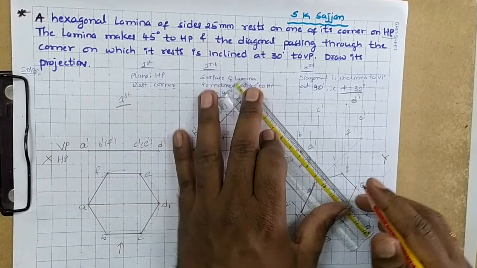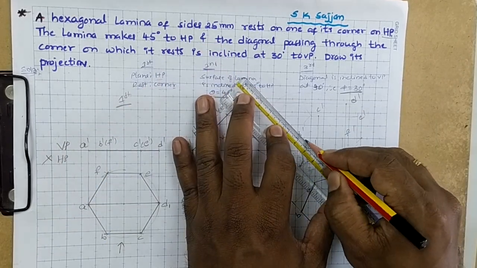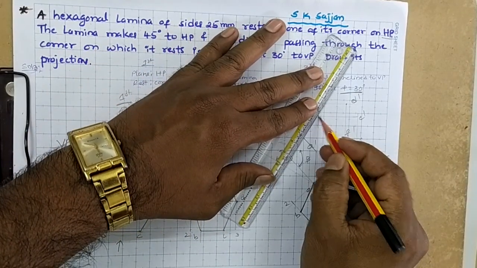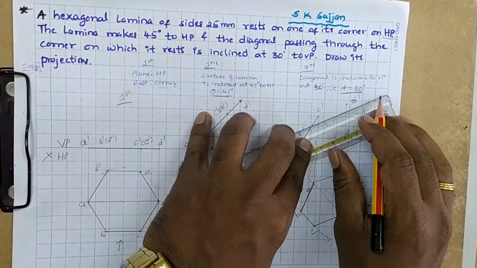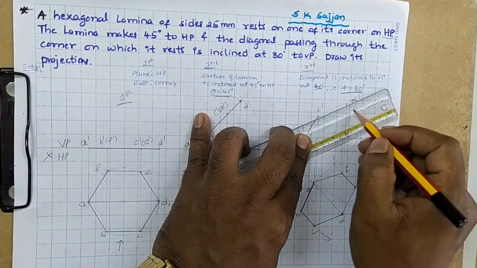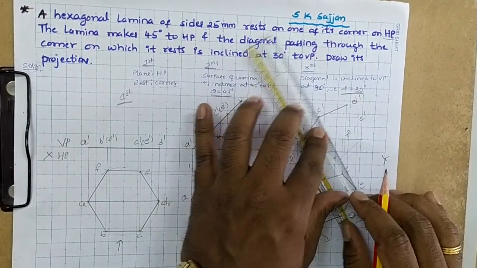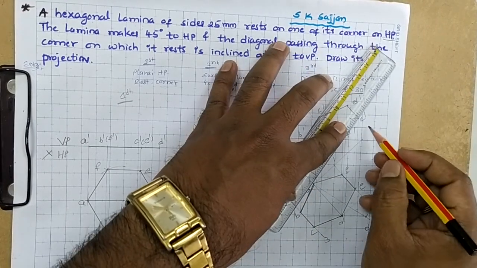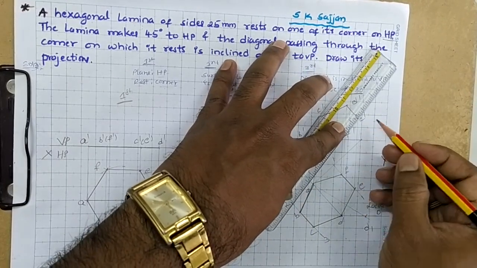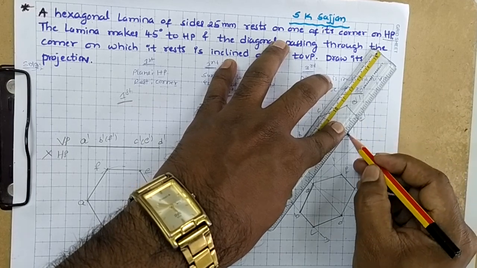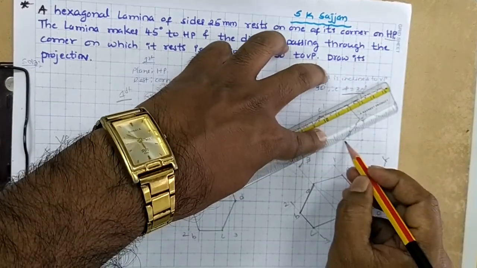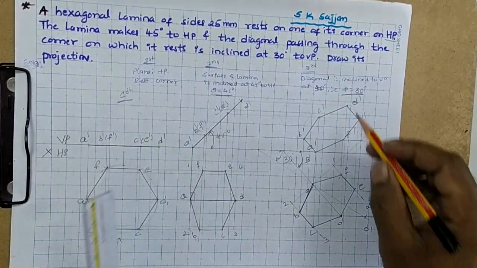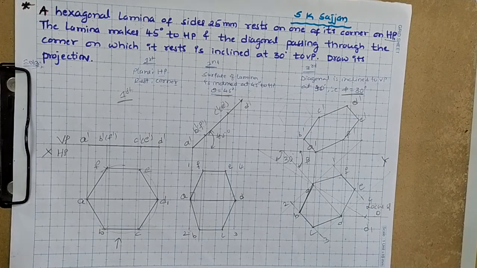Now I will join A to B, B to C, C to D. This is the required front view. Thank you.